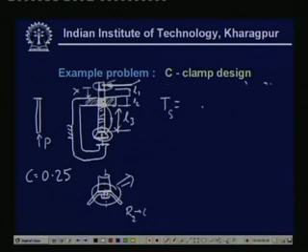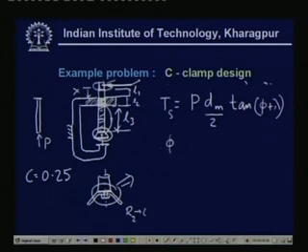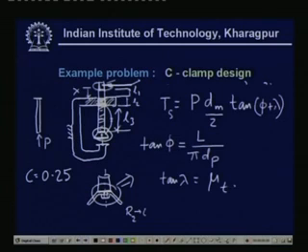It equals P times the mean radius of the thread times tangent of (phi plus lambda), where phi is the helix angle, which is nothing but lead divided by pi times pitch diameter, and tan lambda is nothing but mu at the thread.